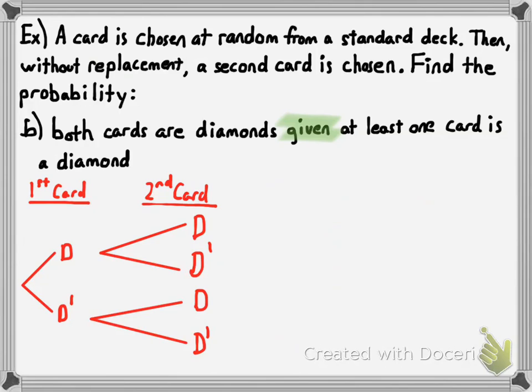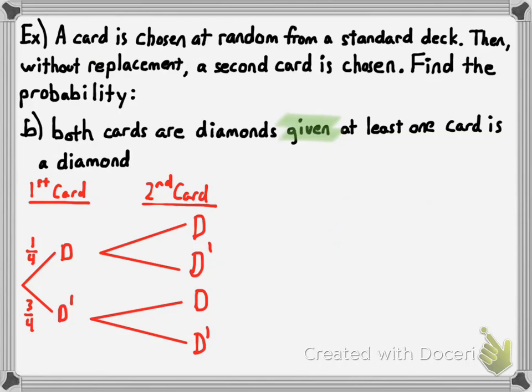Alright, now you know that 1/4 of the cards in a deck are diamonds. And if you want to, for the first card, you can use 1/4 as your probability that you're getting a diamond, and then 3/4 is the probability that you're not getting a diamond.